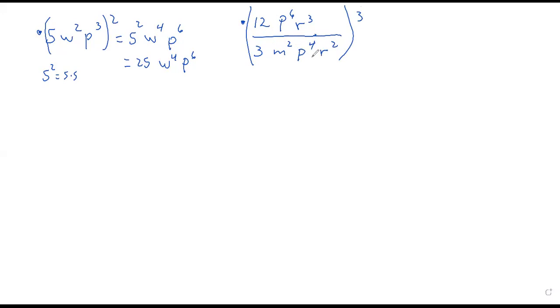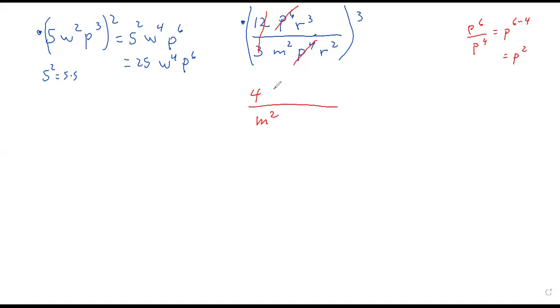Let's solve inside the parentheses, and then we're going to deal with the exponent. 12 divided by 3. First, these two. 12 divided by 3 is 4. I'm going to copy the m to the second because I don't have anything to match that. But I have p to the 6 over p to the 4. We have division, right? Copy the base, subtract the exponent, and that gives me p to the second.